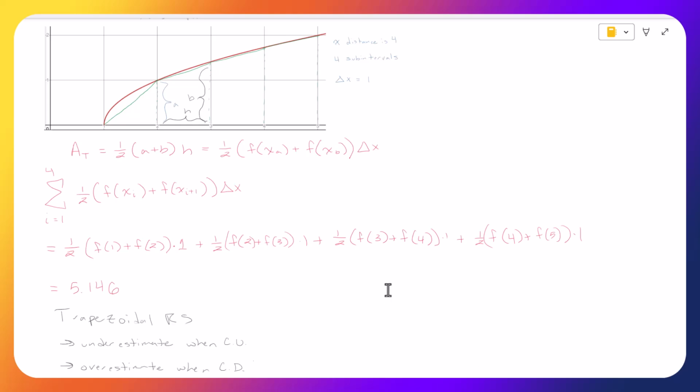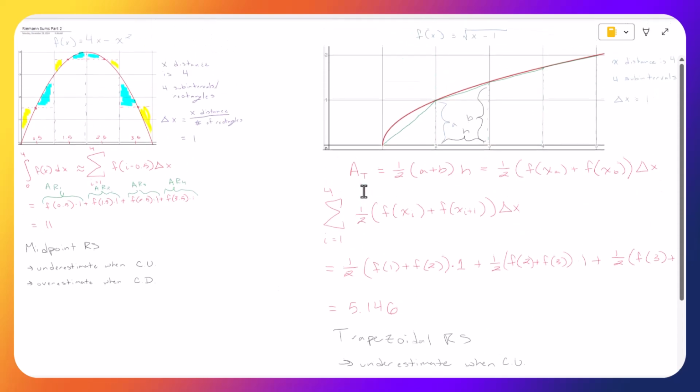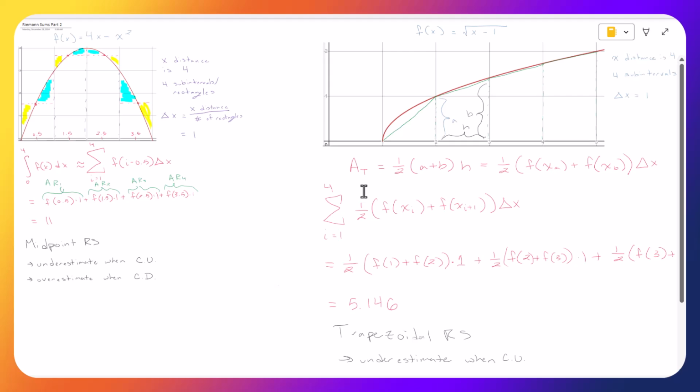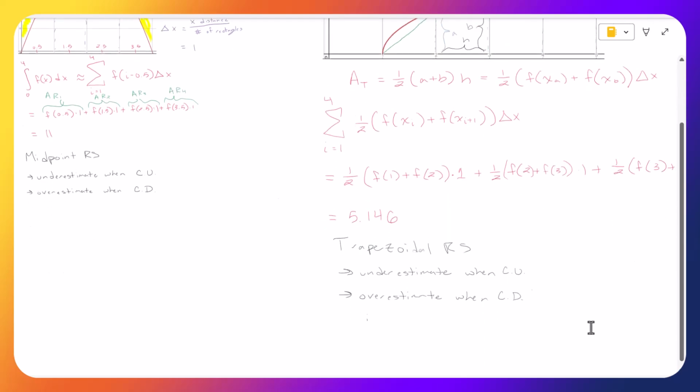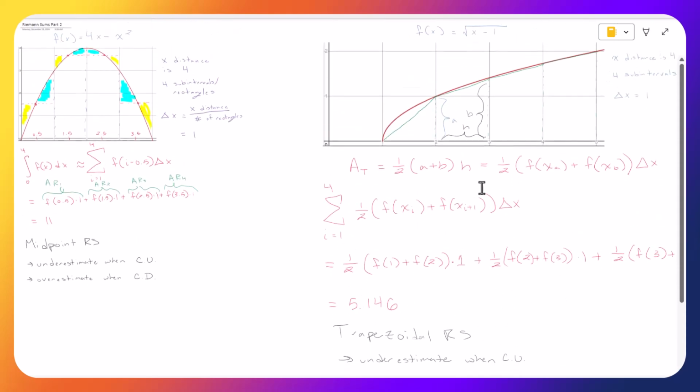And if you want to talk about which one's a better approximation, the midpoint is a better approximation than the trapezoidal, but this isn't an error analysis class. Although lots of practical math, when you get to the higher level, does turn into error analysis. It's a whole field of study. But this goes over our last two Riemann sums. Thank you for watching.